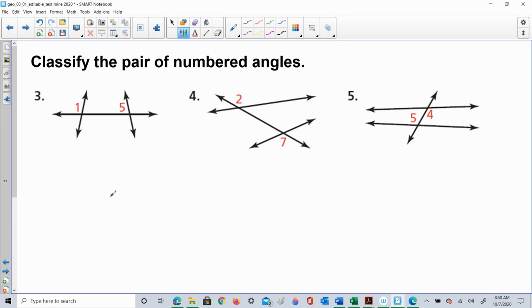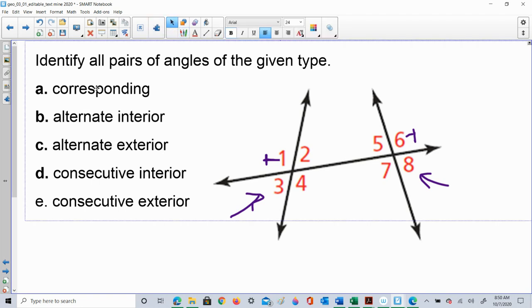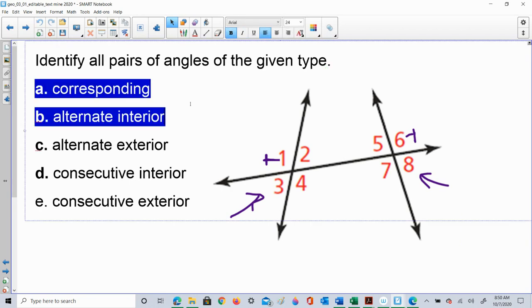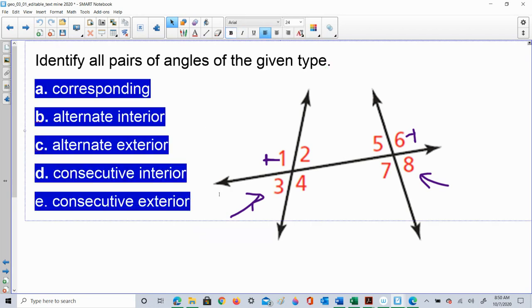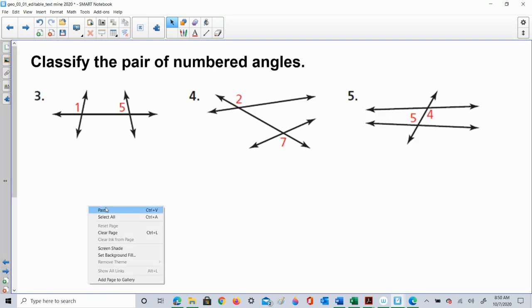Classify the pair of numbered angles. What relationship do 1 and 5 have? I'm going to make this easier. Control C, copy that for this page.